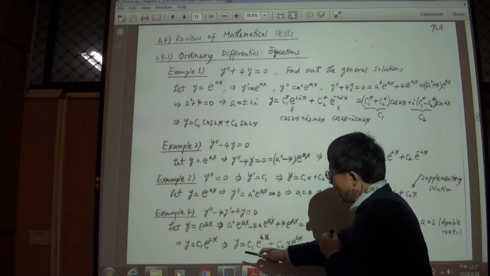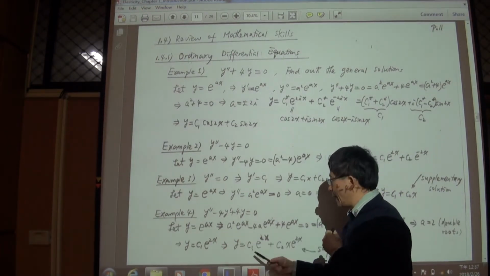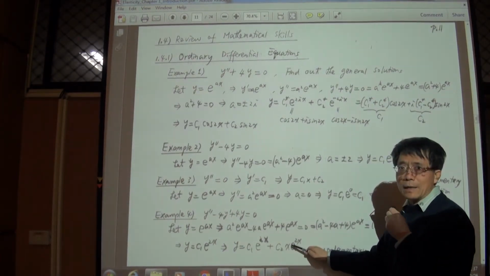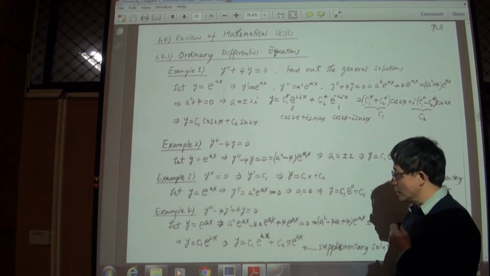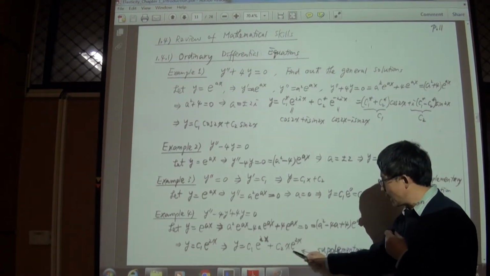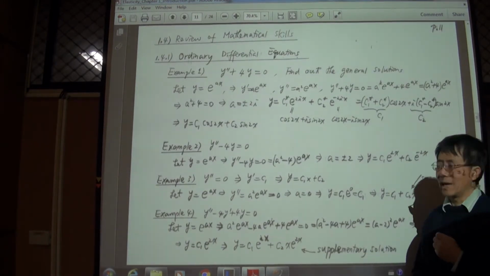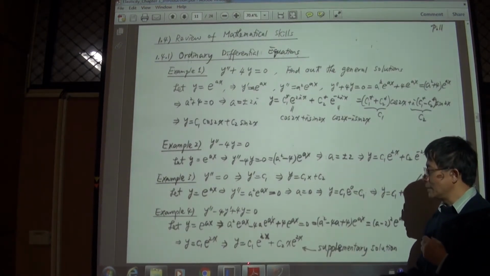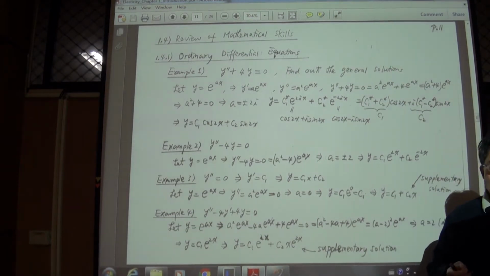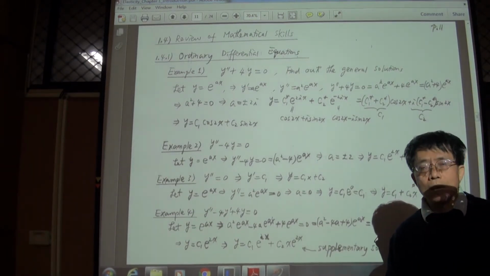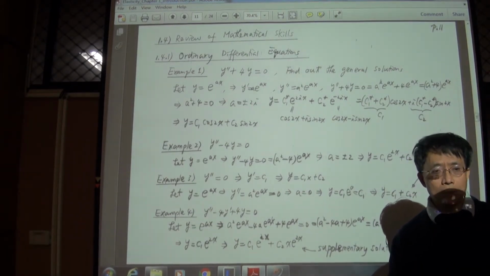We multiply this solution by x to get the second particular solution: the first solution, the second solution, and this one called the supplementary solution.